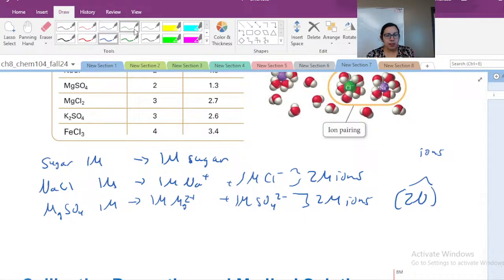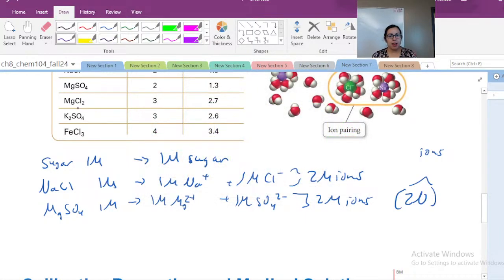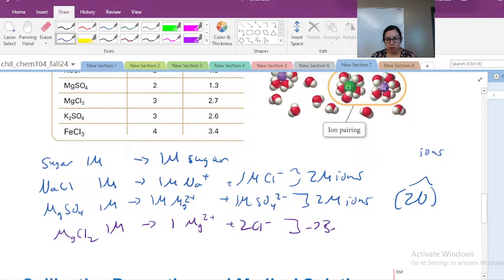And then, looking at these other examples, we have magnesium chloride. So again, if we have 1 mole of magnesium chloride, we're getting 1 equivalent of magnesium, and then 2 of chloride to give us a 3 molar solution of ions.